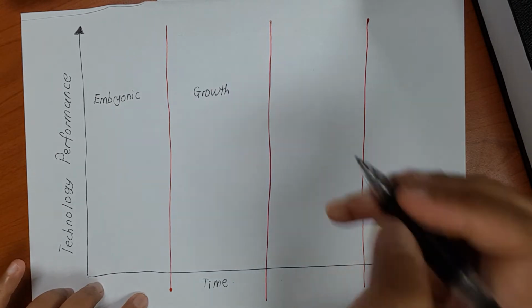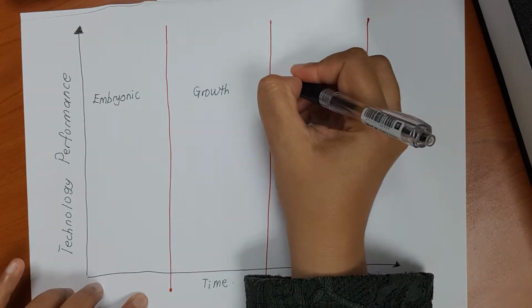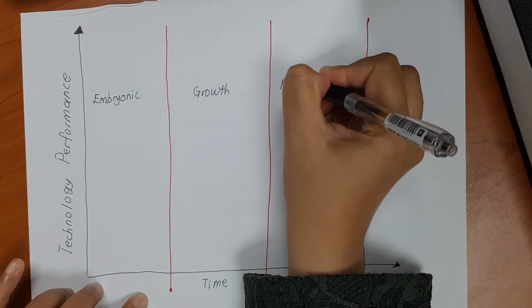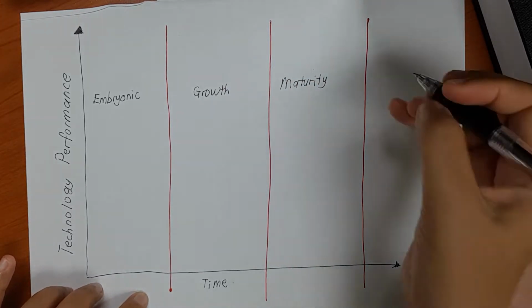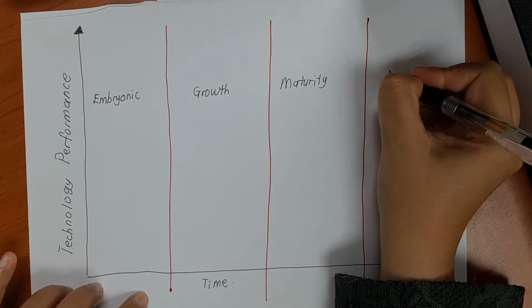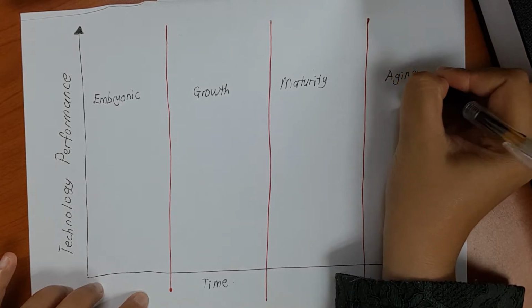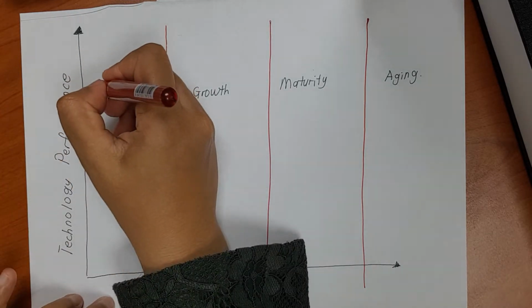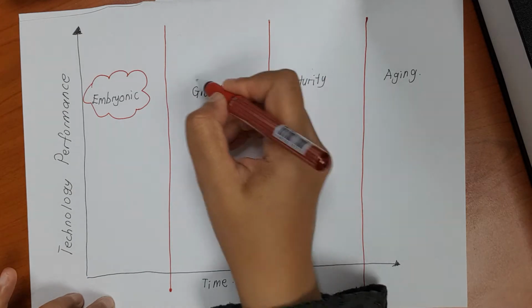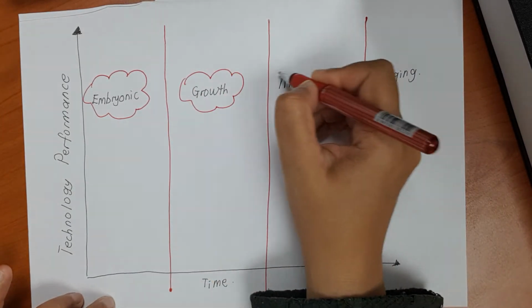The third stage is maturity, and some authors say the last stage is aging.